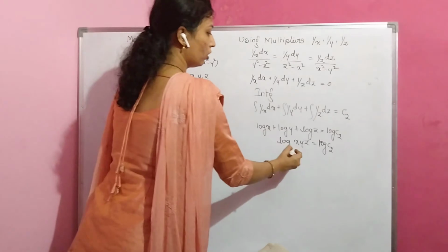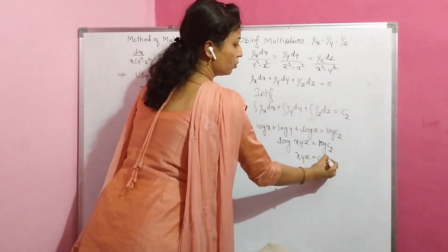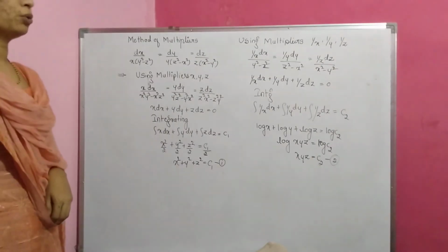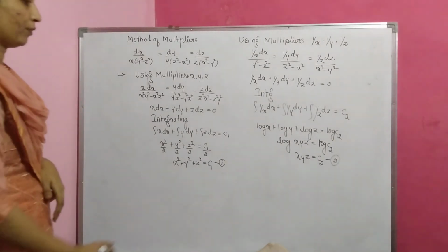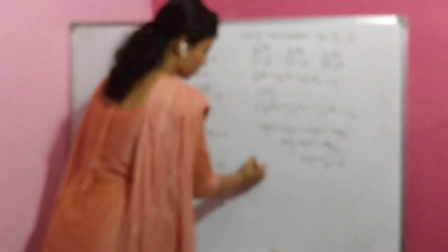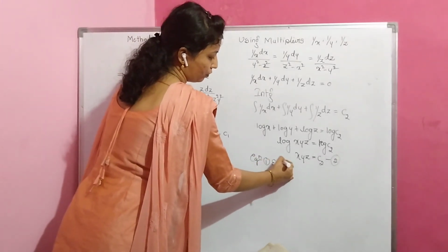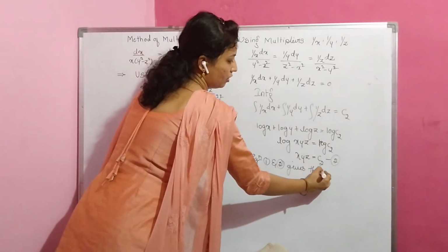Then the log gets cancelled, so we have xyz is equal to c2. Call this as equation 2. So equation 1 and equation 2 give the solution for this equation.